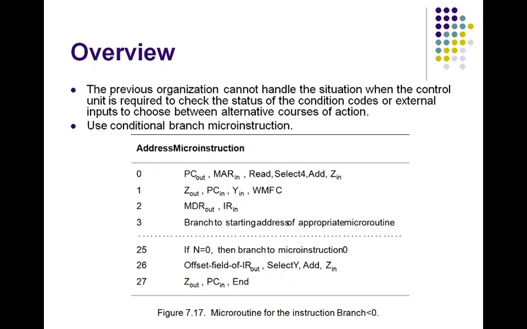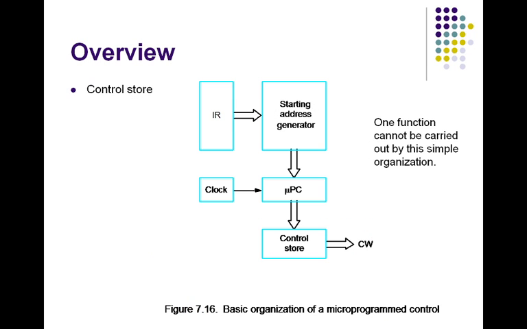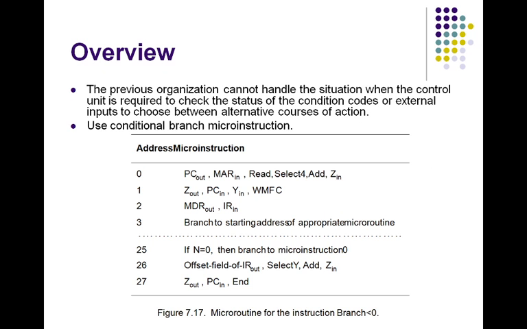Now consider location 25 in the control store. This address is the output of the starting address generator block shown in the earlier figure. The microinstruction at location 25 tests the N bit of the condition codes.